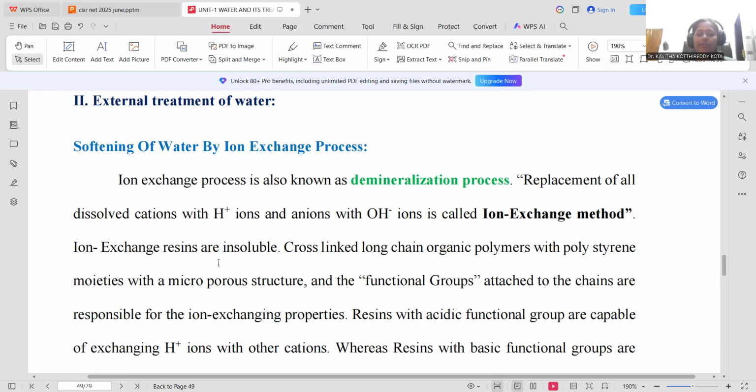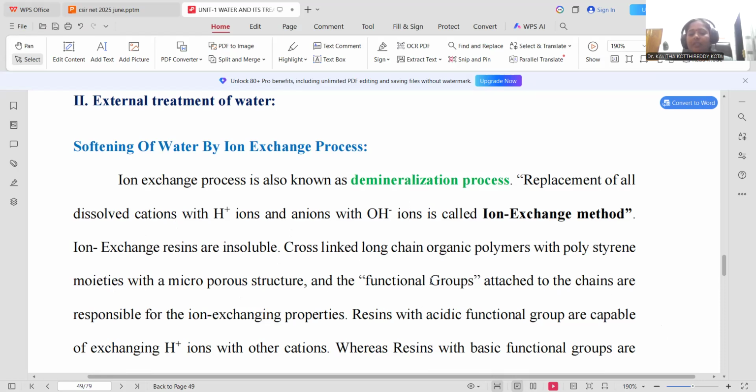Ion exchange resins are insoluble, cross-linked, organic polymers with polystyrene moieties located over there, and they are microporous in nature, which are very specific for cations with H plus and anions with OH minus ions.